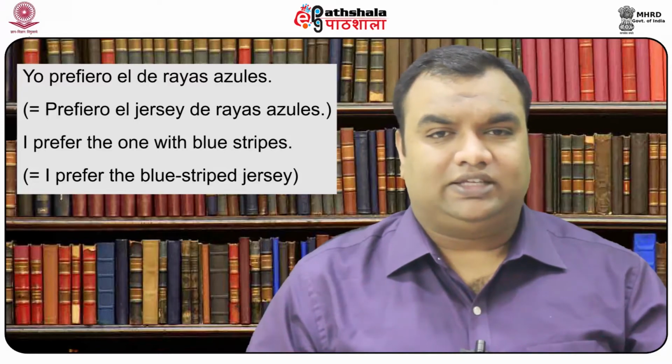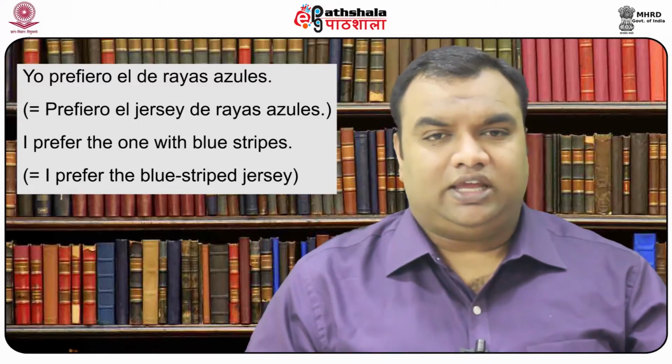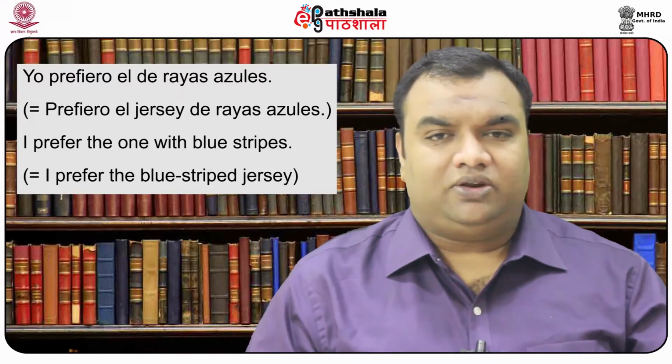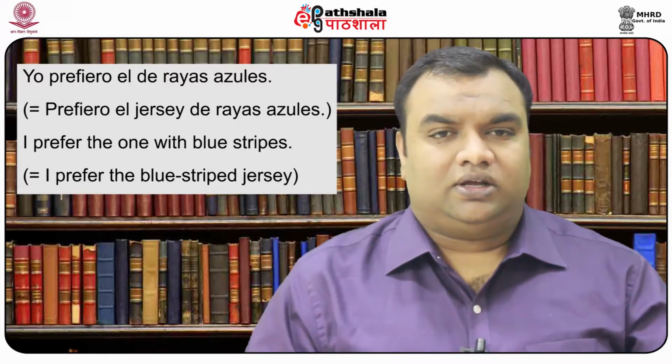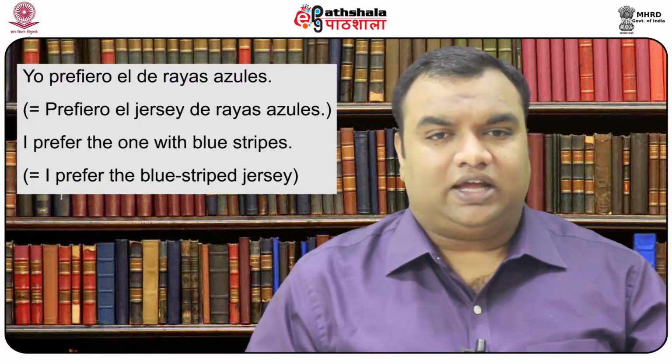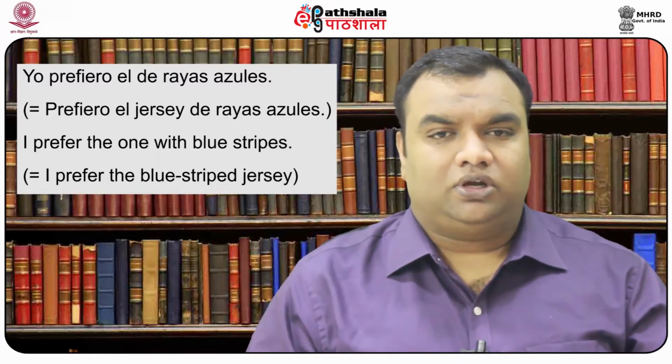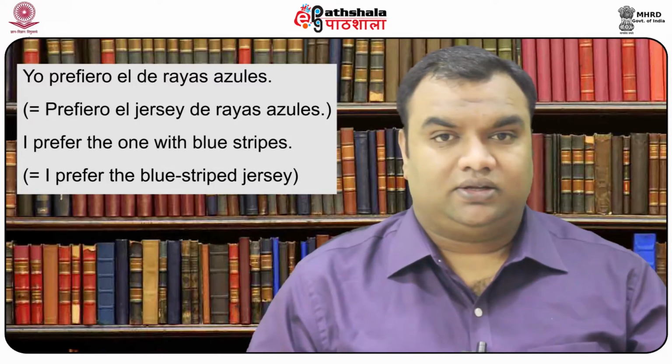For example, yo prefiero el de rayas azules. It is saying the same as prefiero el jersey de rayas azules, which means in English I prefer the one with blue stripes, or I prefer the blue striped jersey.